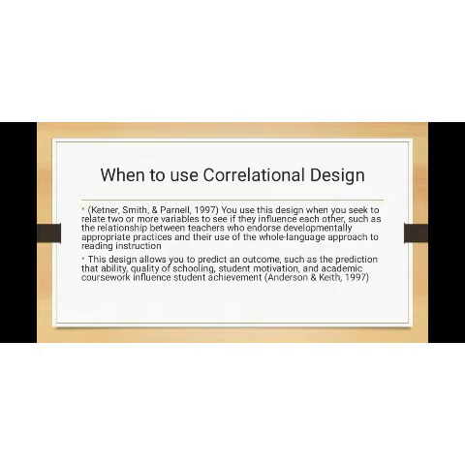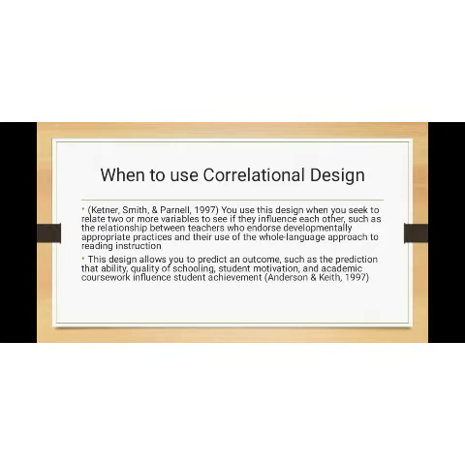Okay, next, when to use correlational design. According to Kettner, Smith, and Pamel, 1997, we can use these designs when you try to connect two or more variables to see if they influence each other, such as the relationship between teachers who support appropriate developmental practice and the use of an entire language approach to teaching reading.